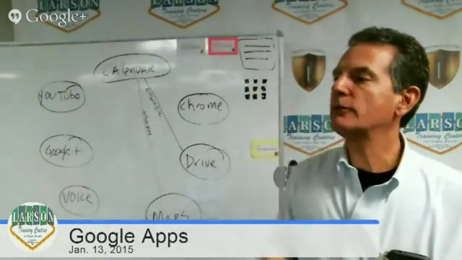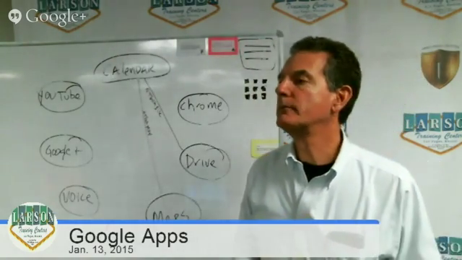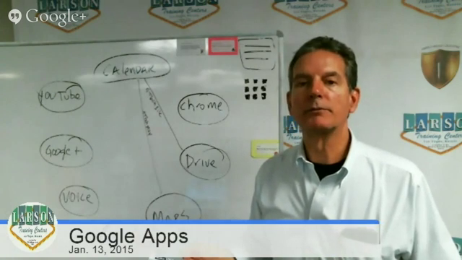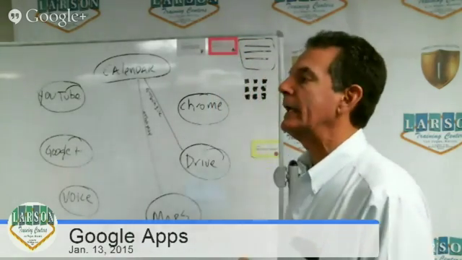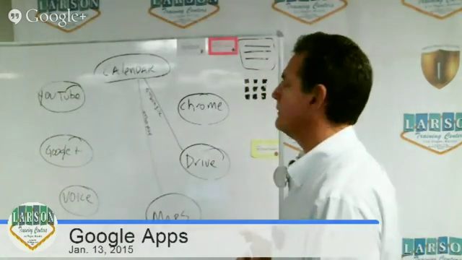What I can do is click on the address of the location, and what comes up on my smartphone? The location's on your map. It gives me driving instructions. It automatically pops up how to get there and how long it's going to take me.